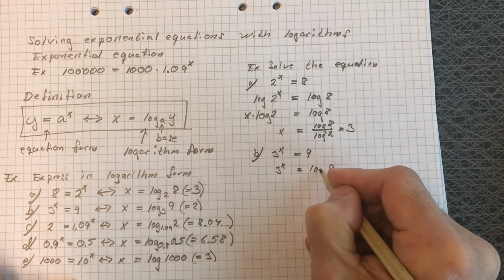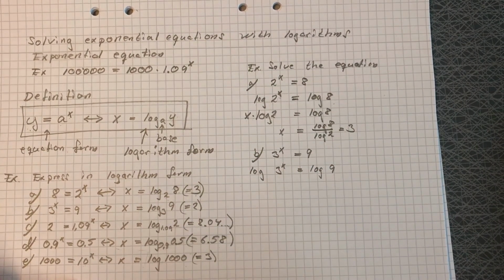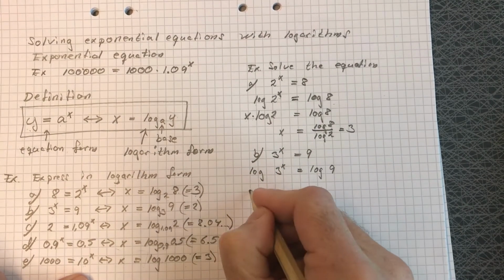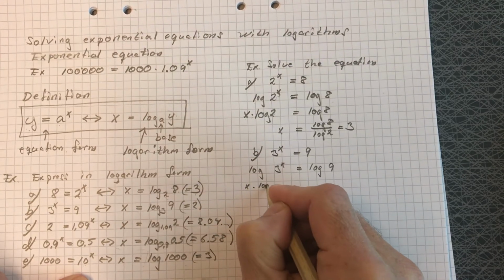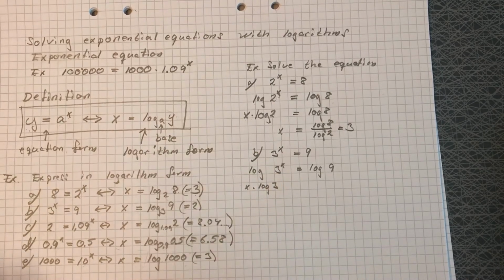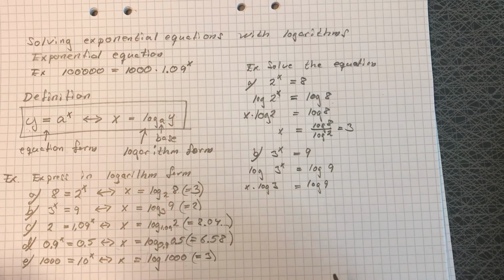So you take the logarithm of the right side and the logarithm of the left side. Now, according to the logarithm laws, you don't see them, but we can instead multiply with x. So x times log of 3 is the same thing as log of 3 to the power of x. And here we have log 9.